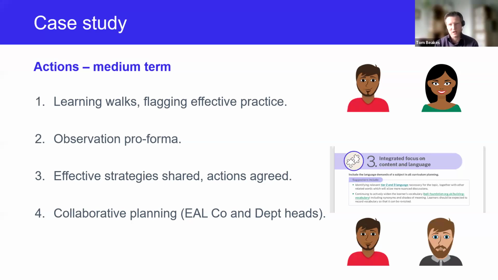The EAL specialists get to understand more deeply what's happening in the subject areas, and the department heads are hearing about, okay, how can I EALify my curriculum? How can I make it more supportive for those learners? And again, it's not about rewriting the whole thing. It's about introducing strategies that will work for all learners, but are also useful for EAL learners as well.